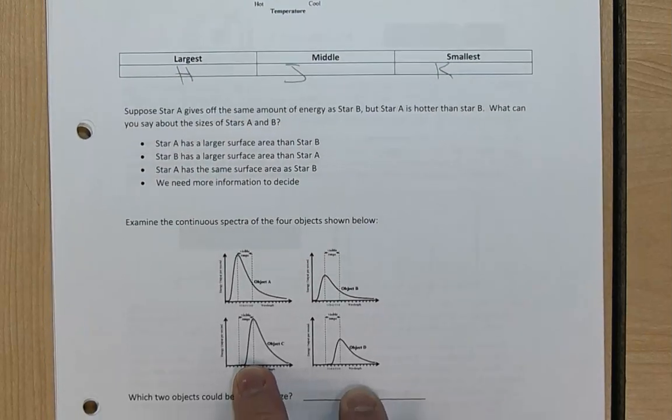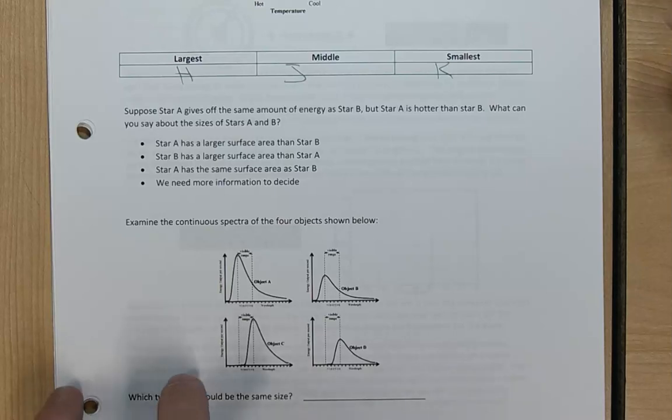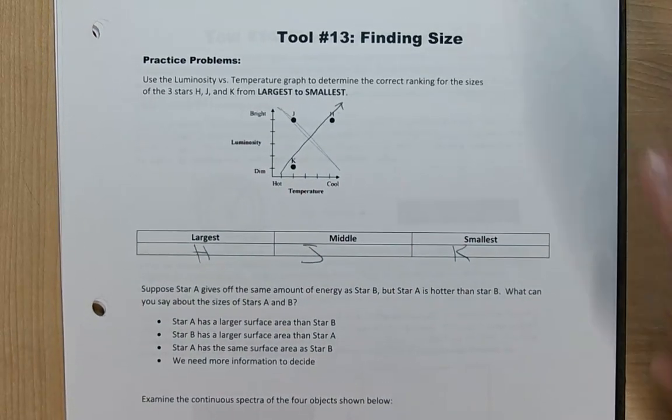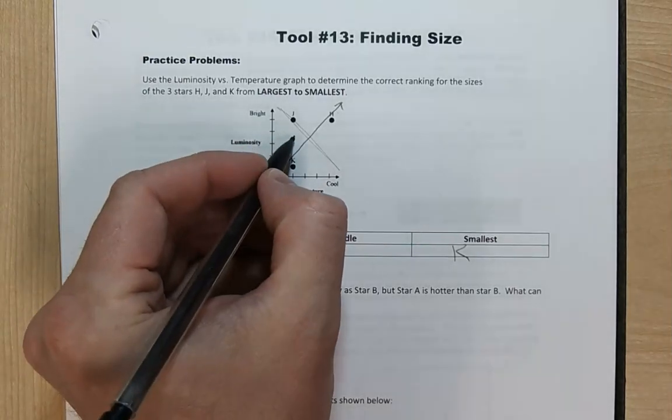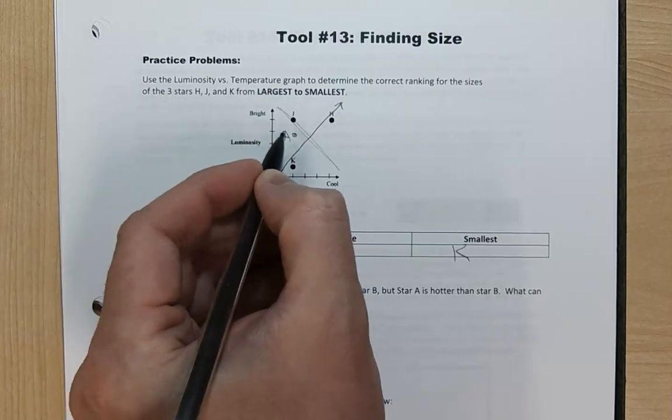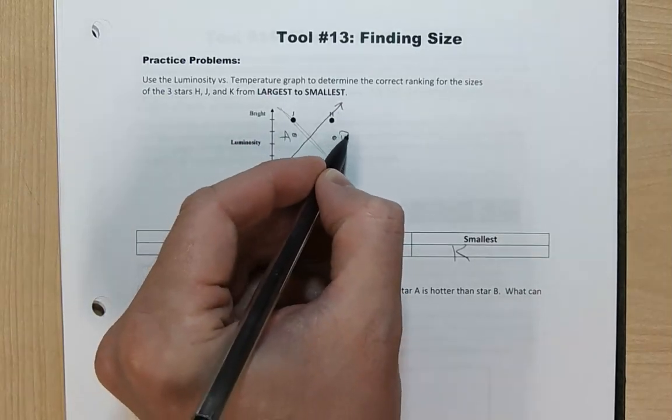Suppose star A gives off the same amount of energy as star B, but star A is hotter than star B. So let's plot these here just for example.